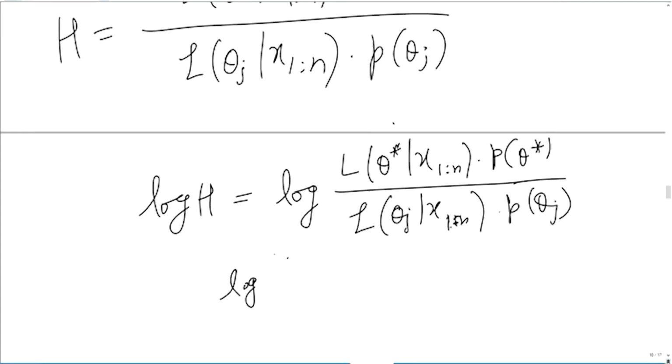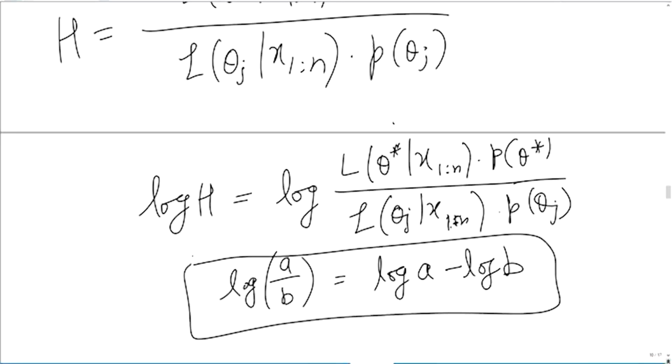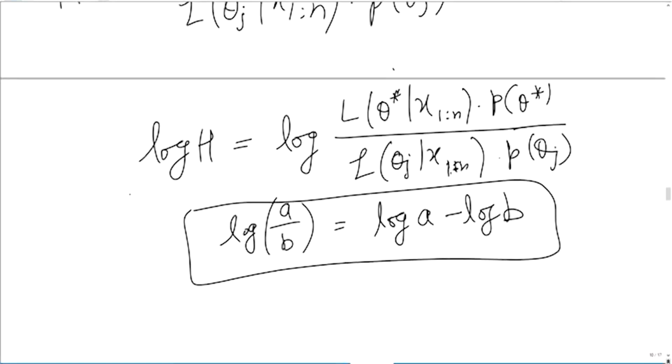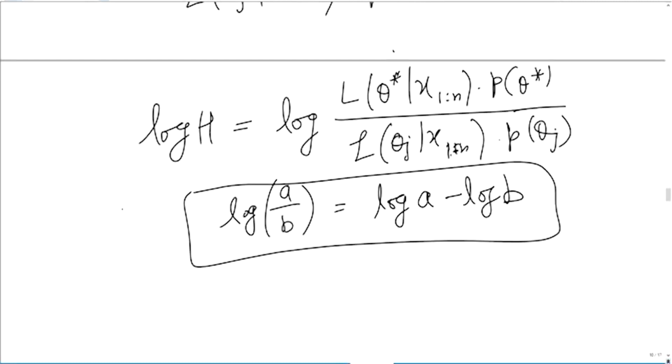If we take log of a divided by b, this is given by log a minus log b, of course with the constraint that a and b should be greater than 0. So this is an identity. If you calculate log of a divided by b, you can rewrite it as log of a minus log of b. Here we are in the same situation: we are trying to calculate log of likelihood times prior for the proposal divided by likelihood times prior for the current state.